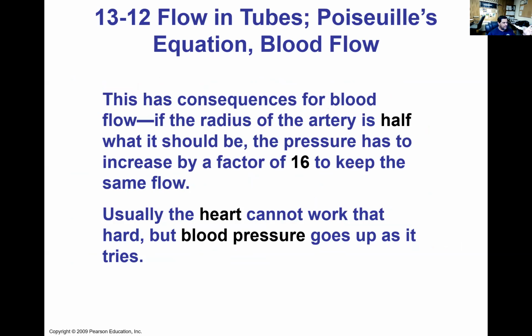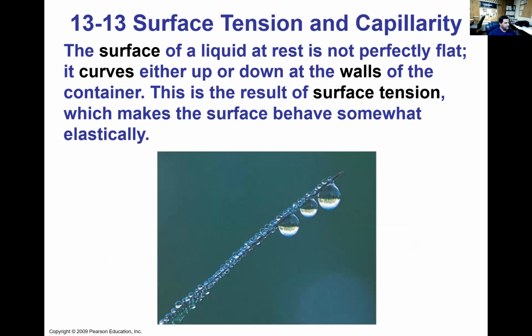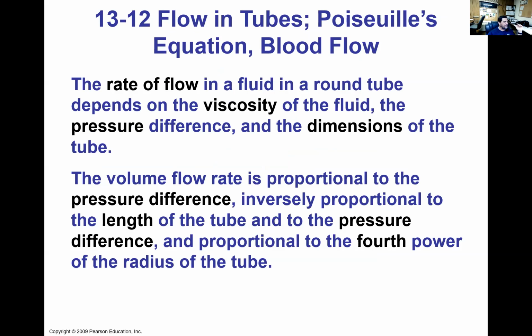It has consequences for blood flow, but basically in the textbook, they have an equation for this. Q is equal to pi r to the fourth, change in pressure divided by 8, and then a constant divided by length.